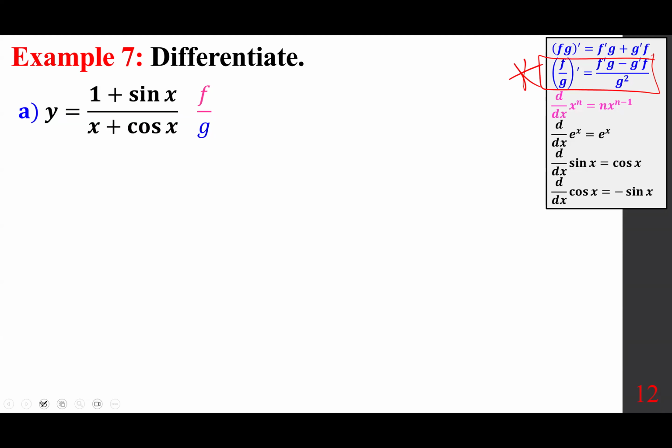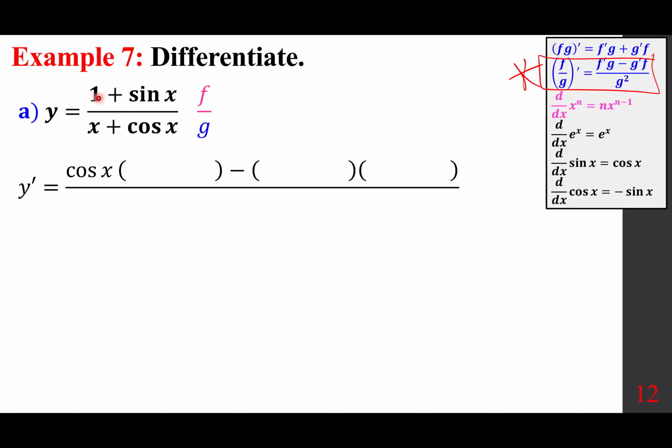So we need f prime, which is simply cosine x. The derivative of sine is cosine x. Remember, 1 gives you 0. Times g, which is x plus cosine x. So f prime g minus g prime. The derivative of the bottom is 1, and then cosine gives you negative sine.